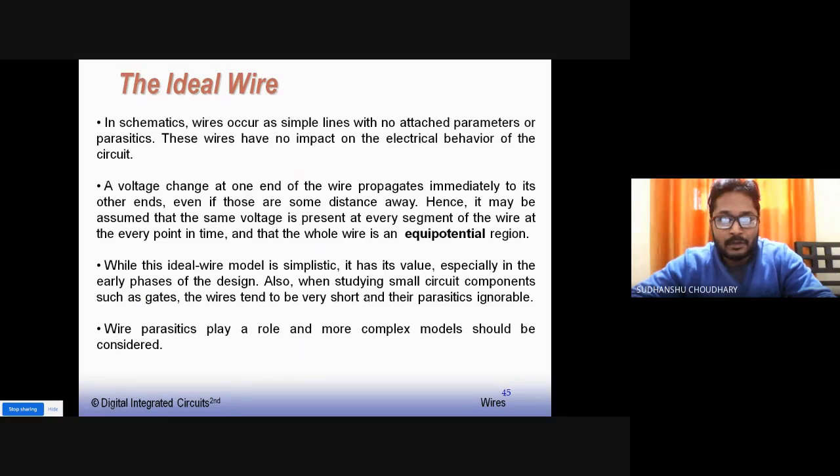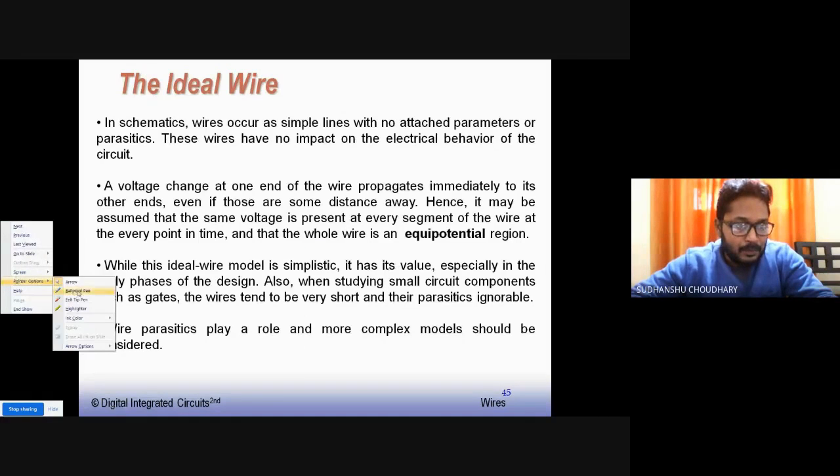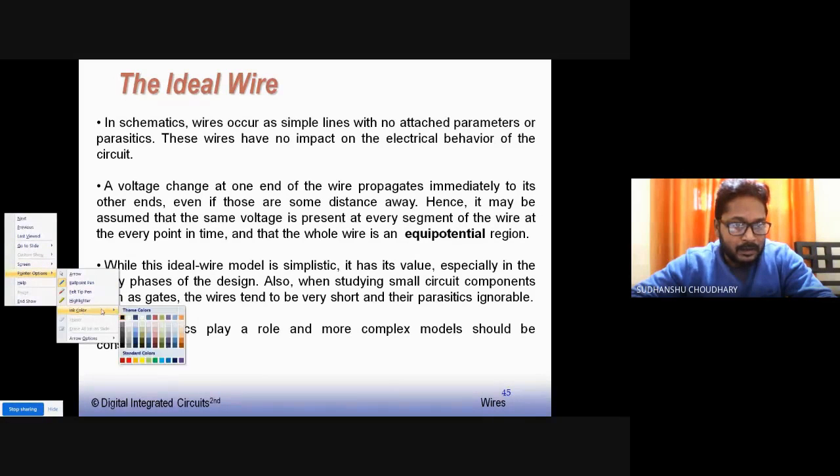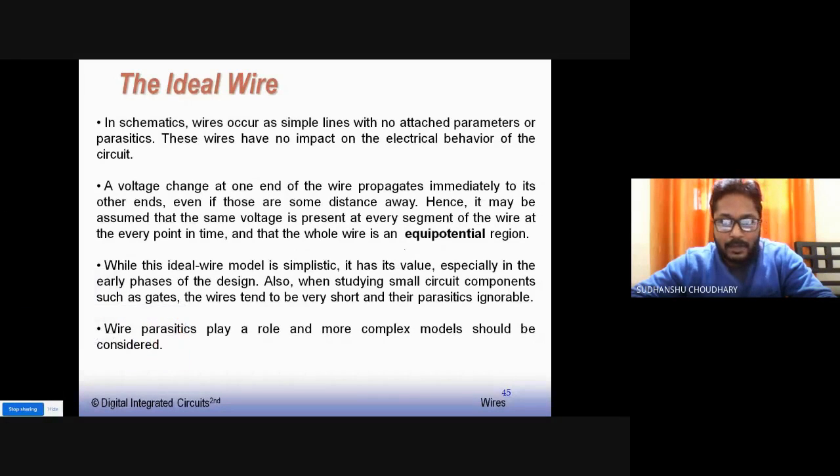Okay. So I think yesterday itself I mentioned that we will use this approximation, which is called the ideal wire approximation, where we'll consider the whole wire as an equipotential region. That is, at each point on the wire, the potential is the same. In the real-world scenario, it is not so.